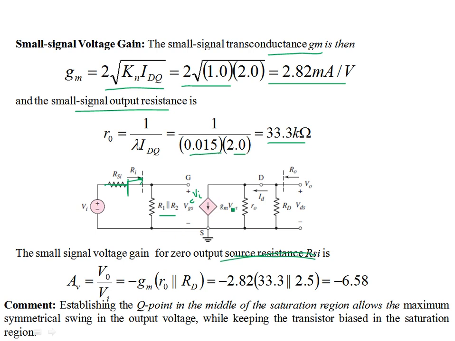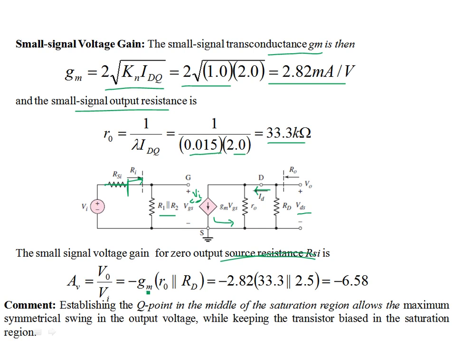Over here this is gm VI into ro parallel combination with RD, with a negative sign due to the direction of the current. You should consider the direction of current is like this. The dependent current source and the current over here are opposite. That means the VDS and your input voltage VI are 180 degrees out of phase.